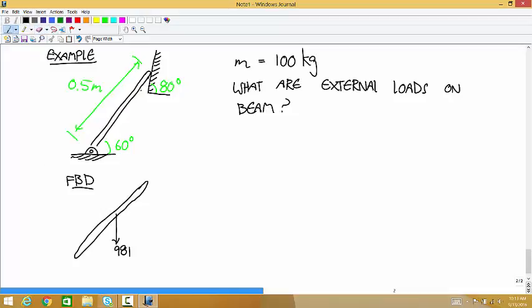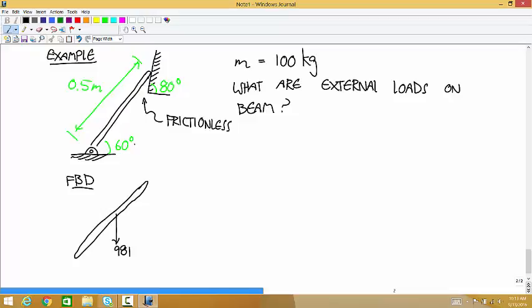And now we go around the boundary of the beam looking for contact. There's contact up here at the wall. What kind of contact is that? What kind of joint is that? Oh, well, I didn't say, so you don't know. Frictionless. Okay, so that's a frictionless contact. What do we know about that? What kind of load does that apply?